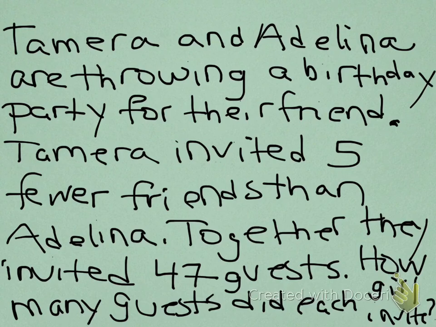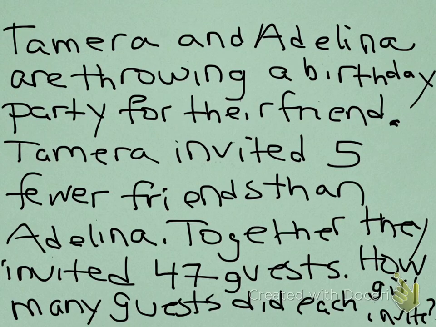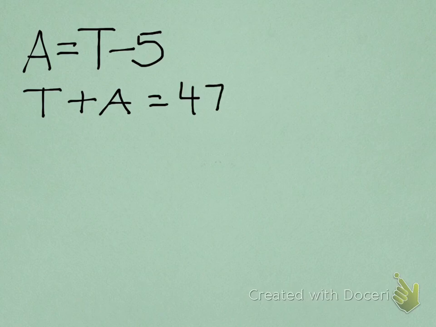So if we're thinking of Tamara, it's going to have to be A equals T minus 5. If we're going to use their names as the variables, it doesn't matter. Then we would take the next sentence. It says, together they invited 47 guests. So we would just have T plus A equals 47.